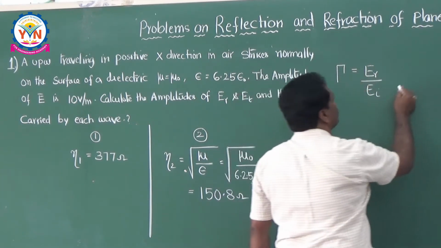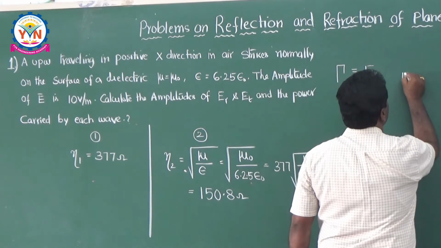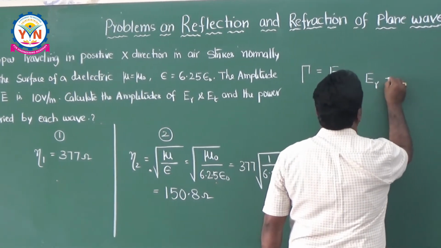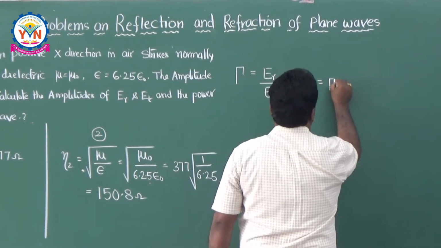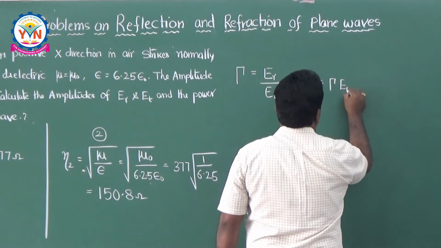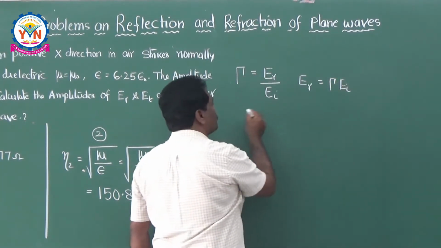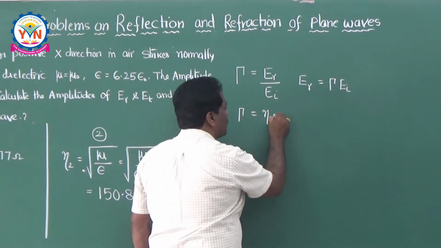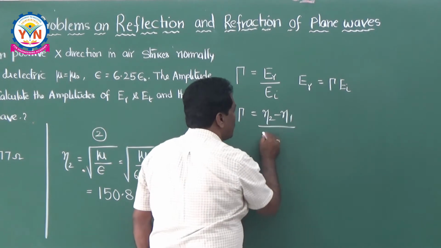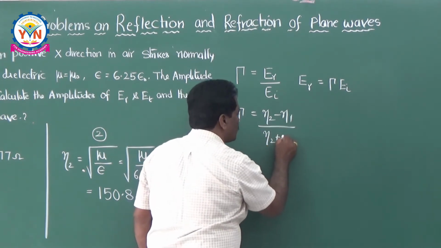Therefore, from this I can say ER is equal to gamma times EI. Reflection coefficient gamma is equal to eta 2 minus eta 1 by eta 2 plus eta 1.